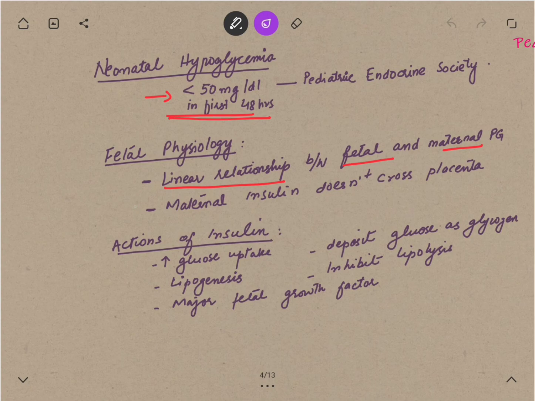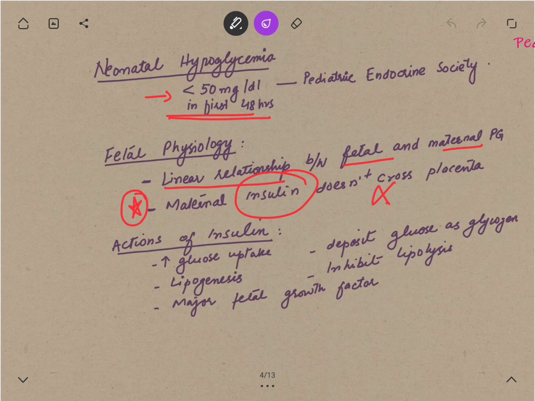Here we need to remember one thing: glucose of the mother does cross to the fetus, but insulin does not cross the placenta. This is one point we need to consider.